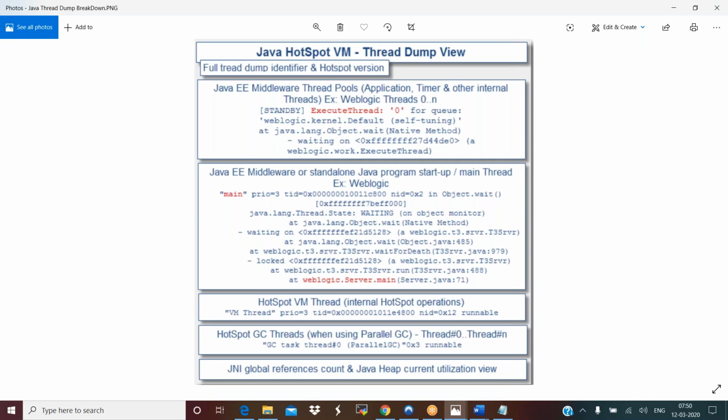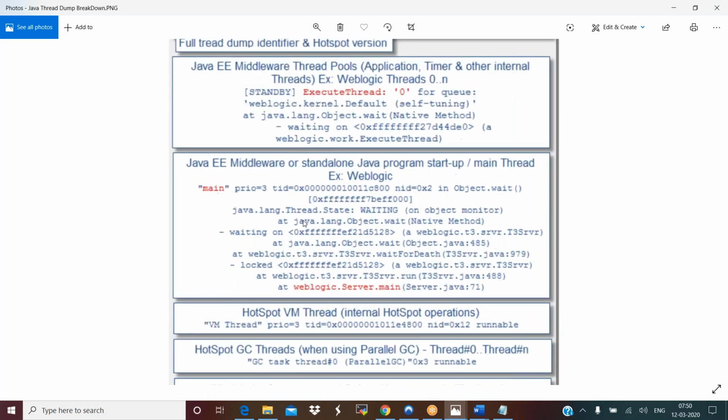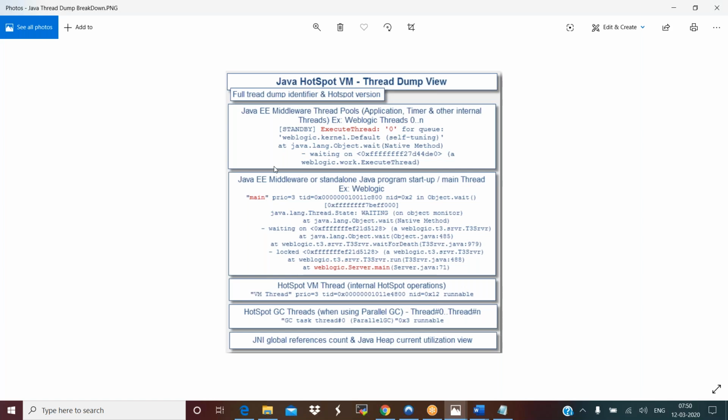Okay, so if you take the second part, there is something called the HotSpot VM thread. These two things are the place where you spend most of the time. The HotSpot VM thread is nothing but completely internal HotSpot operations.